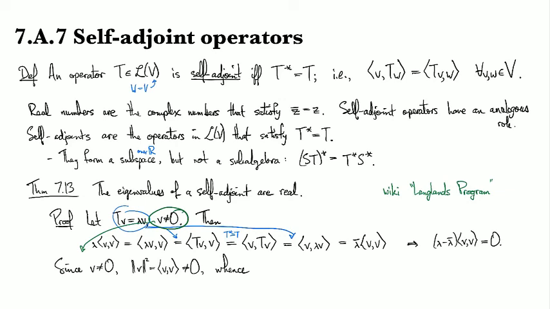Whence? I love a good whence. We have that lambda is equal to lambda conjugate, which is equivalent to saying that it has to be a real number. And we're done.